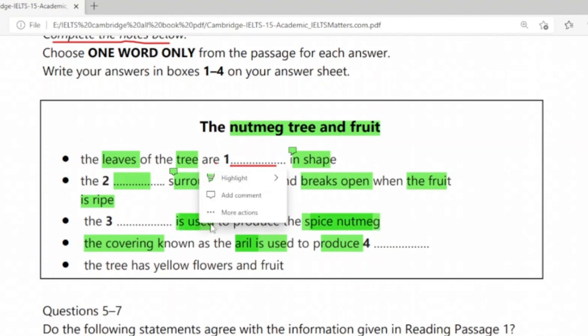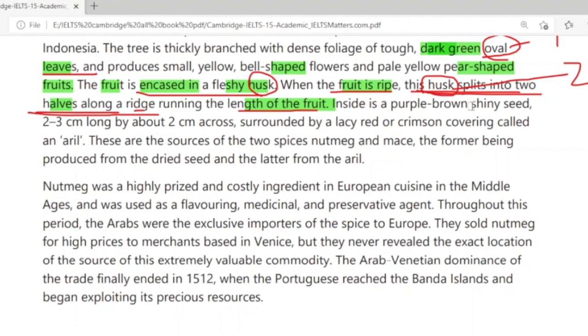So what is nutmeg produced from? Inside is the purple-brown shiny seed, 2 to 3 centimeters long by about 2 centimeters across, surrounded by the lacy red or crimson covering called the aril.